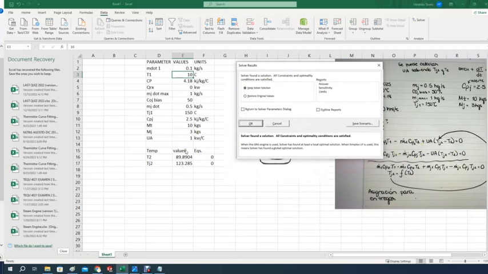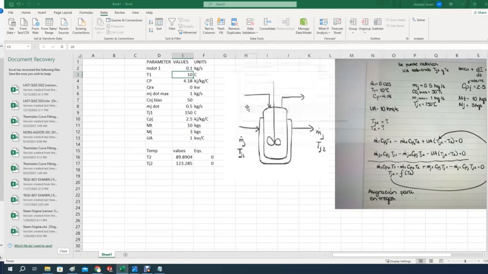For example, if I leave it the way it is right now, or I go back and change the UA, I can certainly do more things. And this is the final part of this video. Let's say these values, 89 and 123, I'm going to call the steady state values based on the new change I did, with the UA for the vessel at 1 and this one at 0.1.